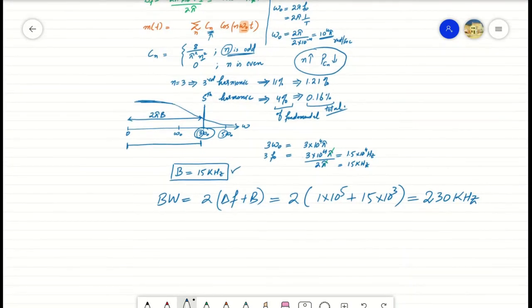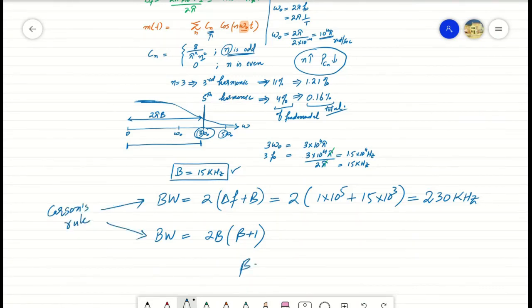We can also rearrange the formula for the bandwidth of such exponential modulated signals in terms of the bandwidth of the information signal and the deviation ratio that we represent by beta. This is also Carson's rule, represented in terms of the deviation ratio. So if we calculate the deviation ratio beta, which is the ratio of the peak frequency deviation to the bandwidth of the information signal, it is 6.66, approximately 7.